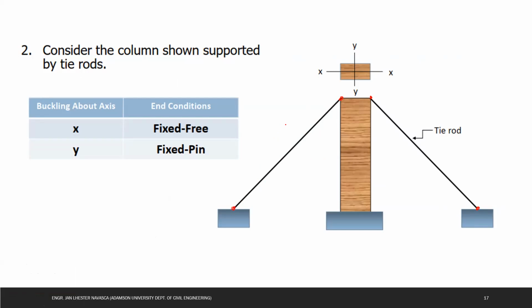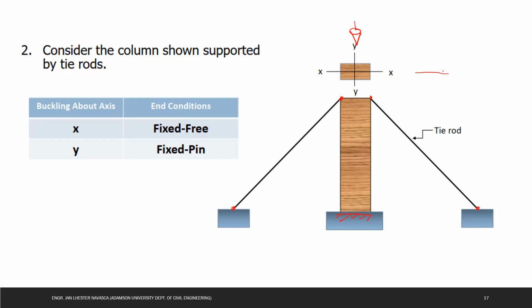Okay, so looking at the y-axis, so we have this pin-ended at the top and fixed at the bottom. So this is fixed and this is pin-ended due to tie rod.